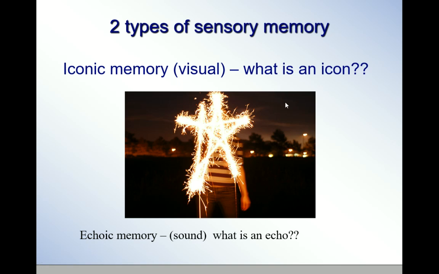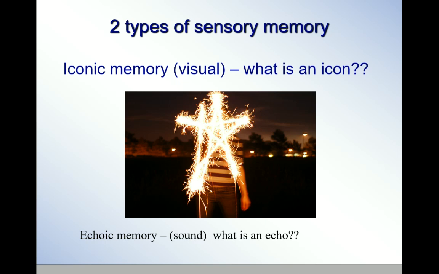Okay, I just double checked. This stuff is on a very long list of things you need to know for the AP exam. I haven't seen it in all my years of teaching it, but iconic memory is visual. Like if I took a flashlight and made a letter with a flashlight in the dark, you can kind of see the number 8. I could take a flashlight and make the number 8. That's called iconic. Think of what an icon is.